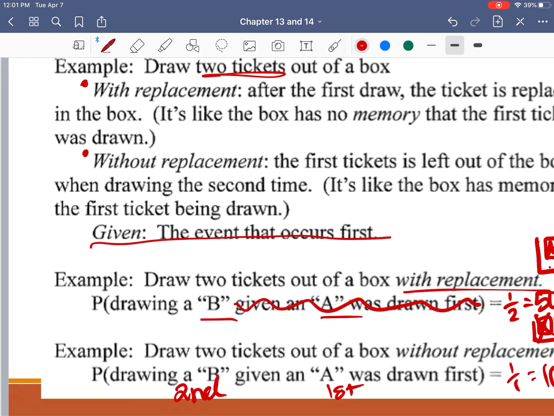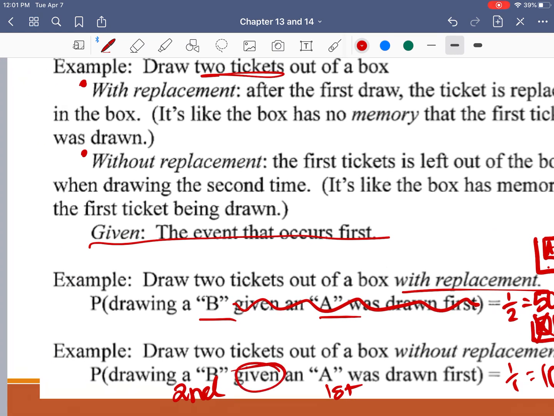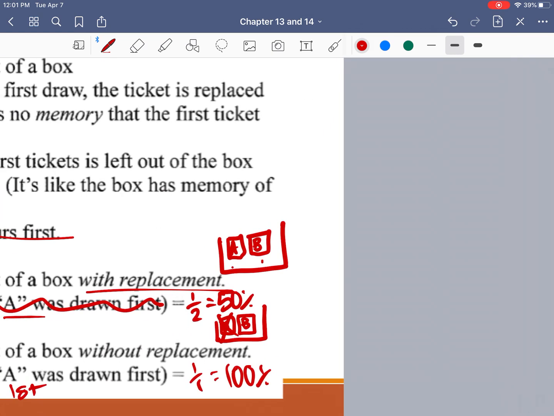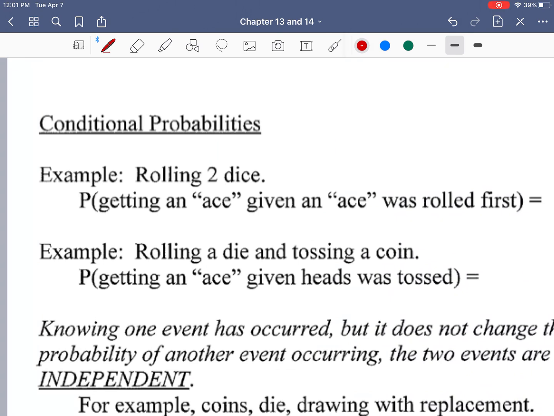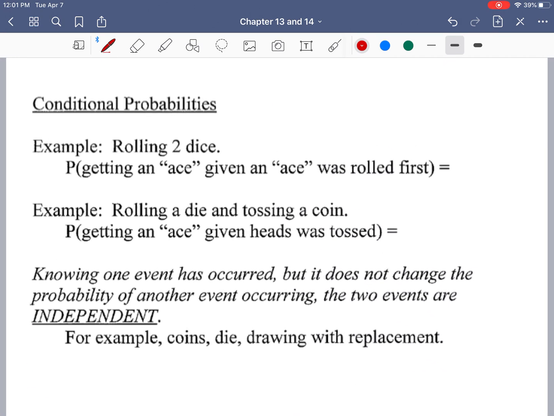This without replacement thing is a conditional probability. Anytime you see the word given, that means conditioned or conditional probability. It's on the condition that something happened. So if I roll 2 dice, I want to know the probability of getting an ace, and ace just means a 1 on that first die and a 1 on the second die. So here it says getting an ace given an ace was rolled first.